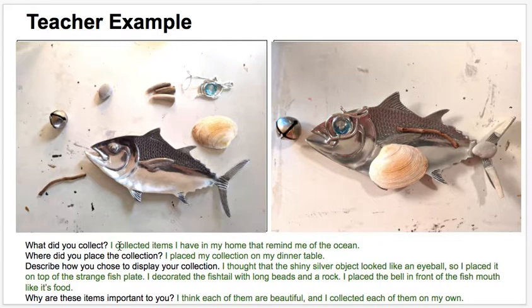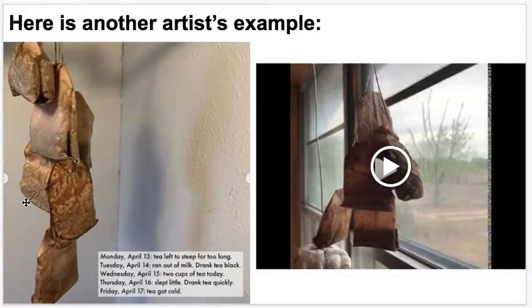It's a really weird plate. I decorated the fishtail with long beads and a rock. I placed the bell in front of the fish mouth because it looks like food. Why are these items important to you? I think that each of them are beautiful, and I collected each of them on my own. That's why I feel like they're special.